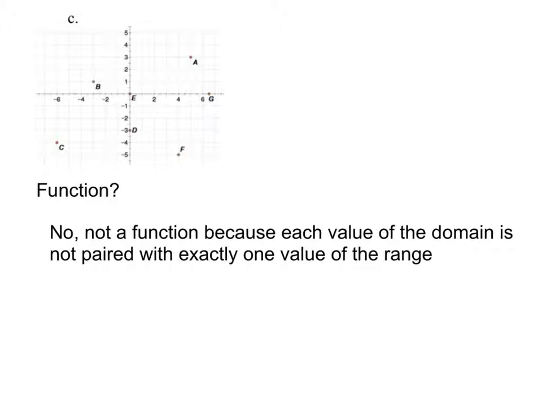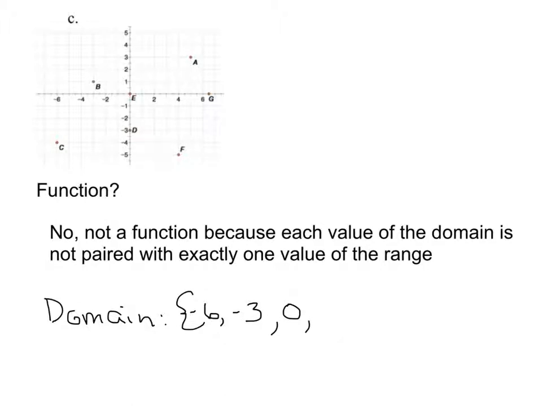So if we go ahead and talk about the domain and range, domain, we're wanting to talk about all of the possible x values. So if we look at the x value of C, we know that the x value is -6. So -6 is in the domain. Then looking at our point B, we know that it goes with the x value of -3. Then looking at E and D, we know that the x value is going to be 0.